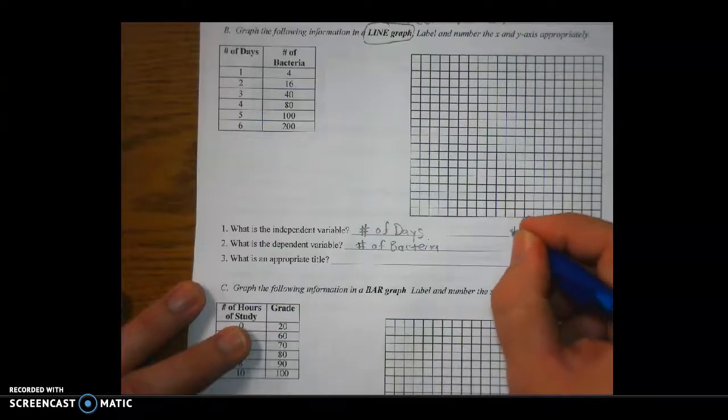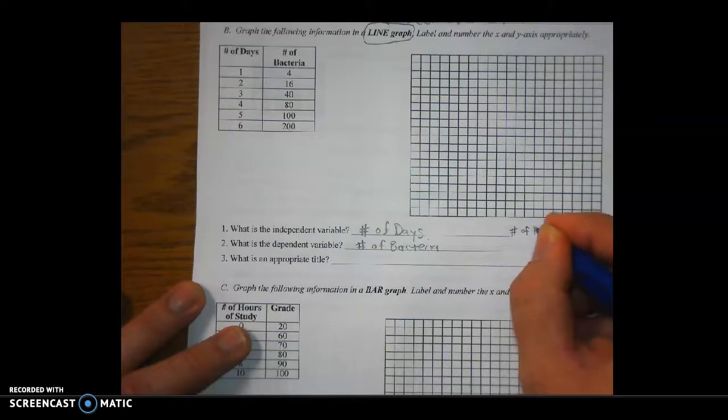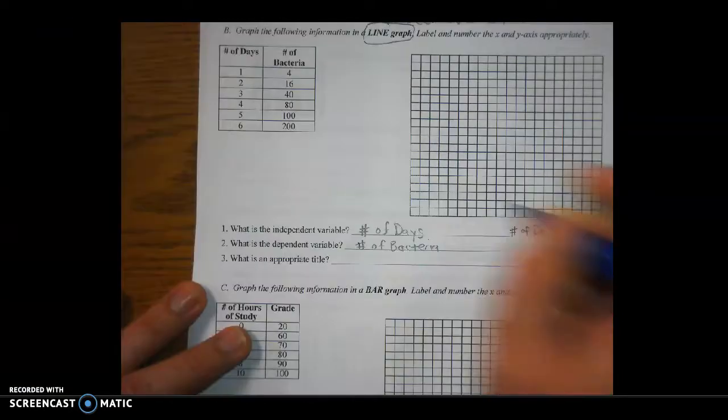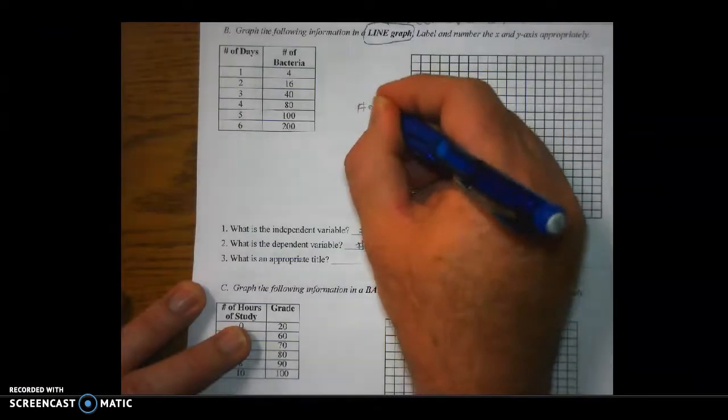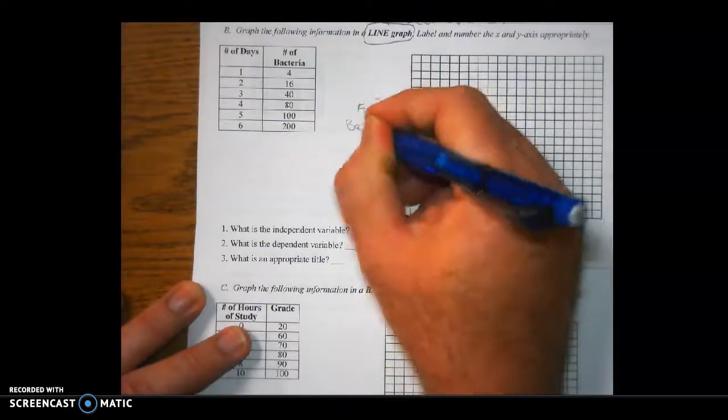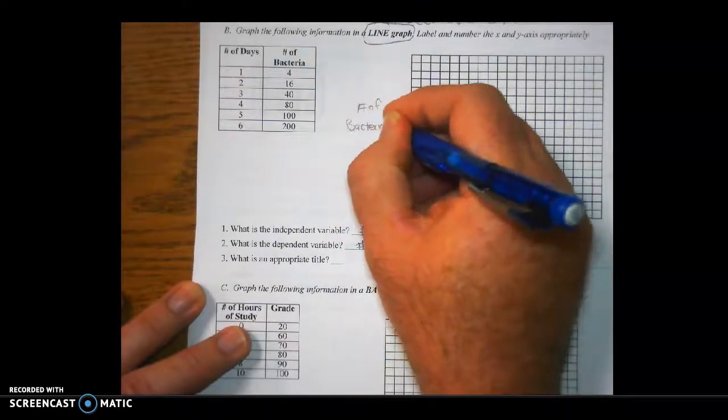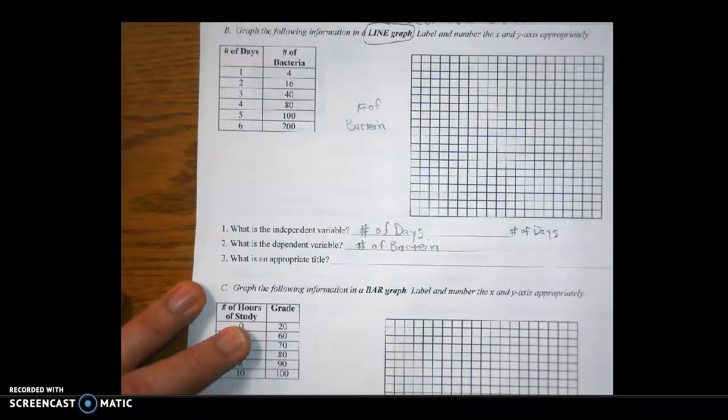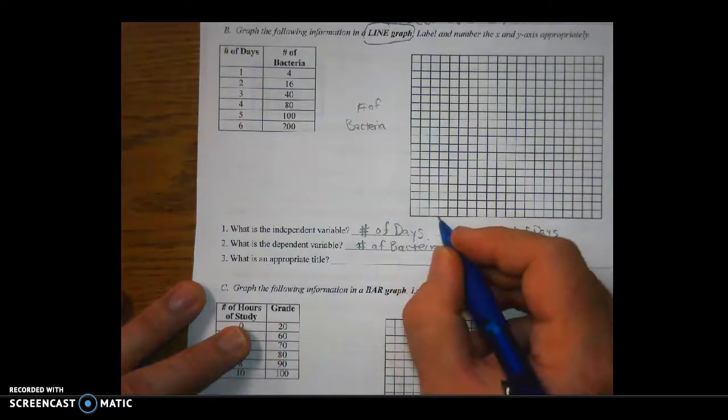So number of days goes on the x-axis, number of bacteria on the y-axis. So every 3 squares, we're going to put a number.